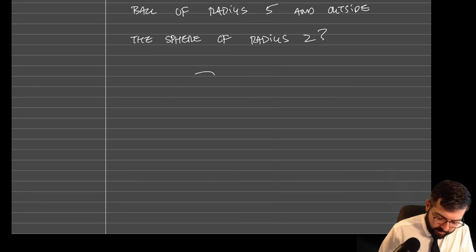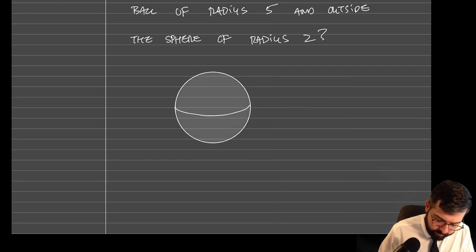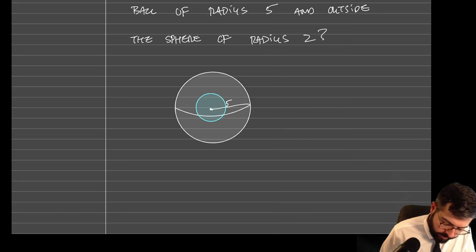So what does this thing look like? Well, it's a sphere of radius 5. Then we have this inner ball. Or I said ball, right? It's a ball of radius 5. And then we have this inner sphere of radius 2.